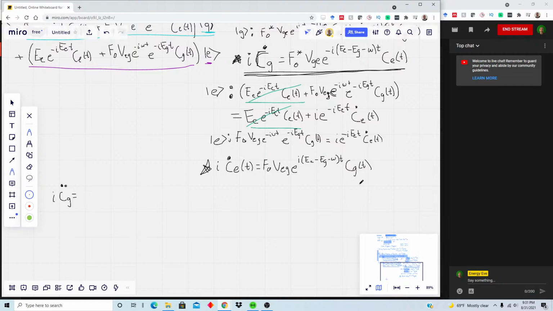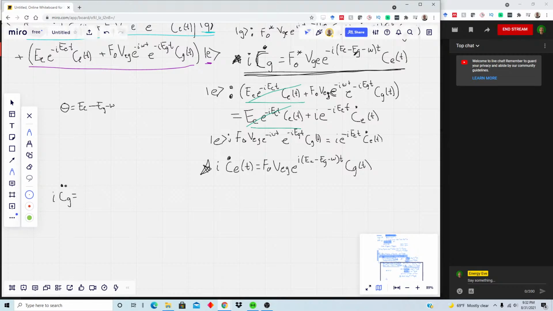And so I guess before we move forward, I'd probably like to simplify some terms. I'd like to basically make this theta equal to EE minus EG minus omega.